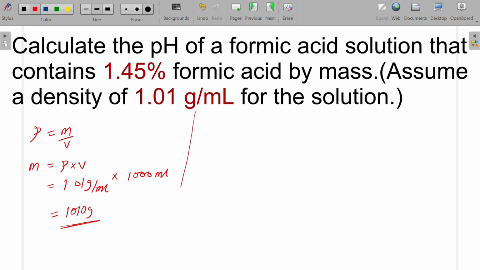Now that we have the mass of solution, this will help us establish the mass of formic acid, using the formula for percentage by mass.